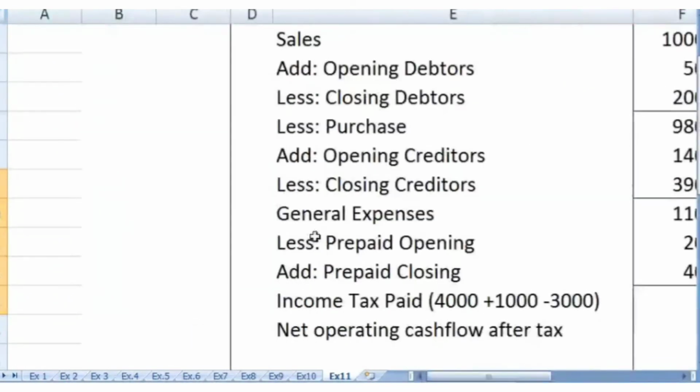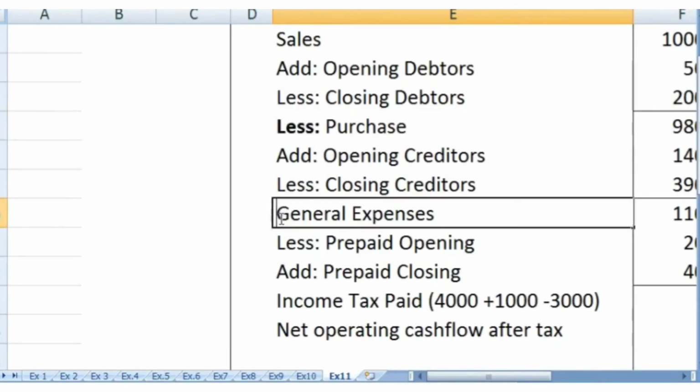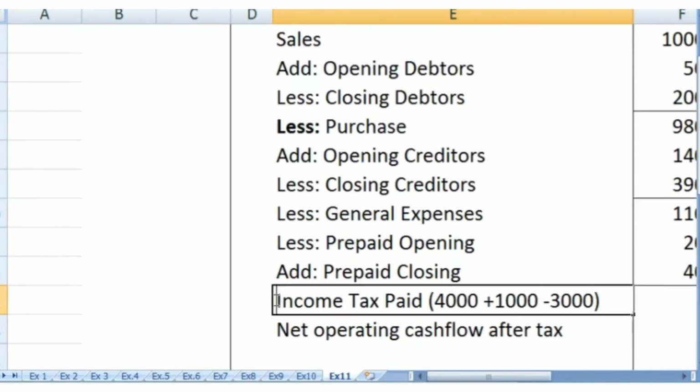Okay, so I just mention here purchase. Then after this is income. First income is there, then less purchase, then less general expenses, and then less income tax.